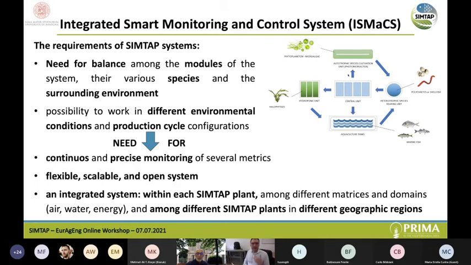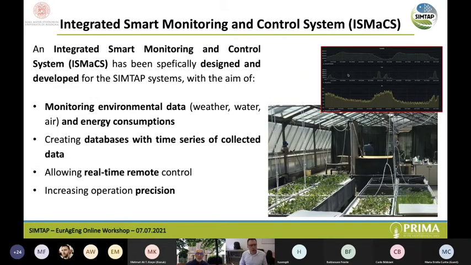This means that no available solution on the market was suitable for the specific needs of this research project. Therefore, we have designed and developed in our lab an integrated smart monitoring and control system.